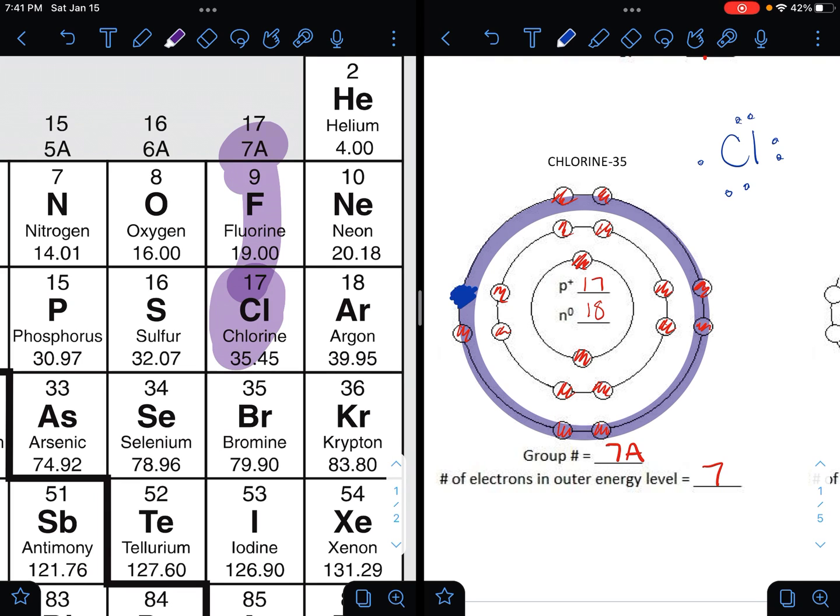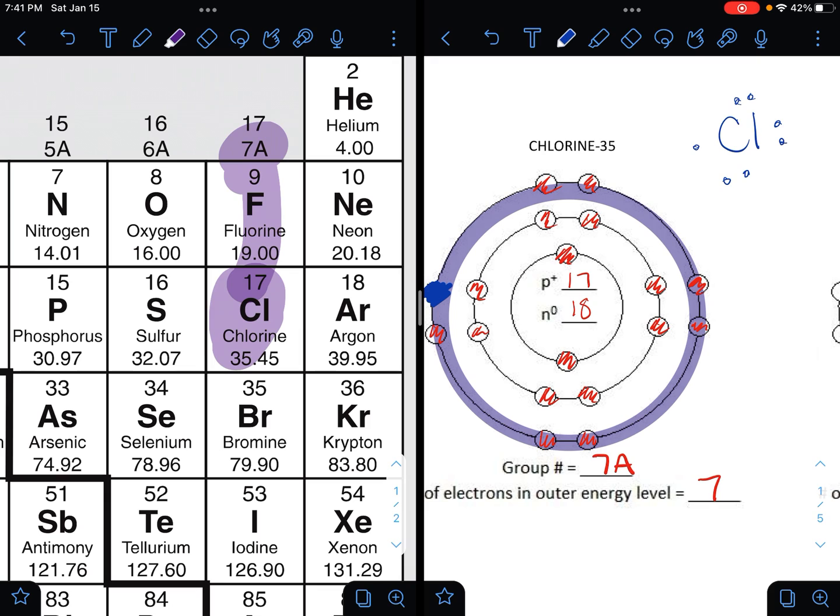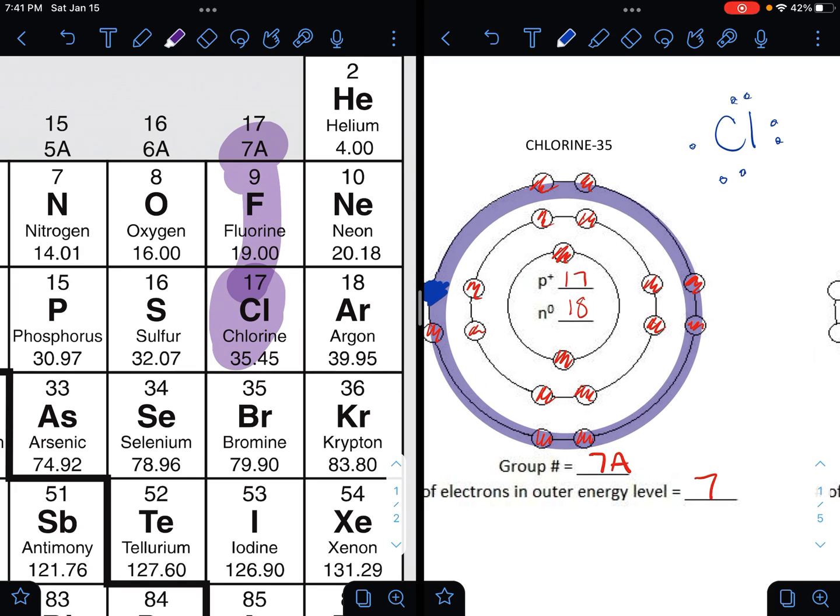Now, something else that we need to look at is that this is no longer going to be a neutral atom. Originally, this atom had 17 protons total and 17 electrons. That's how we originally filled in this model. But now we have gained an electron. So our number of protons didn't change, and it's never going to change.